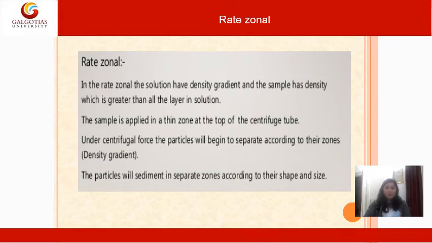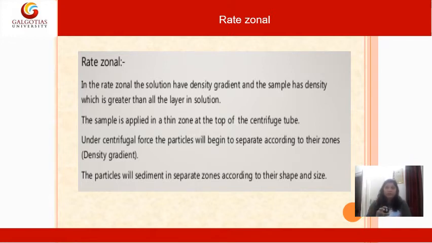Now, coming to the types of density gradient ultracentrifugation, the first one is rate zonal density gradient ultracentrifugation. In a rate zonal, the solution has a density gradient. Density gradient means difference in the density from top to bottom in a sample tube, and the sample has a density greater than all the layers in the solution.